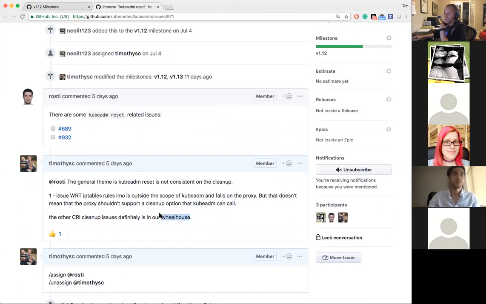So there were two major issues with cruft that I'm aware of, and other people can comment if they remember them too. The one was iptables goop that was left over. There's nothing we can do about that. That's a responsibility of the proxy. What we can do is log an issue with the proxy folks and ask them for a one-shot cleanup command or subcommand for the proxy.